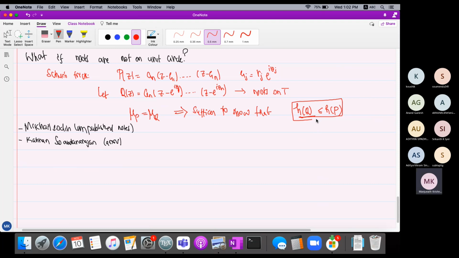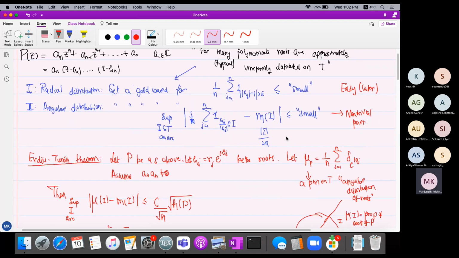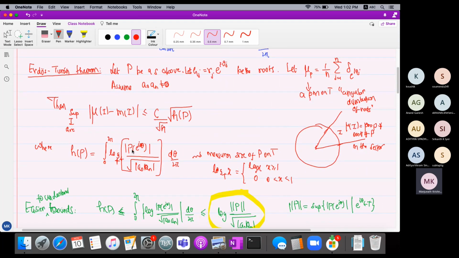But okay, so what is h(q)? It is enough to show, which is also implied, if I show that mod q is less than or equal to mod p on the unit circle. Because what is h(p)? It is the integral of log plus of mod p and so on, right?